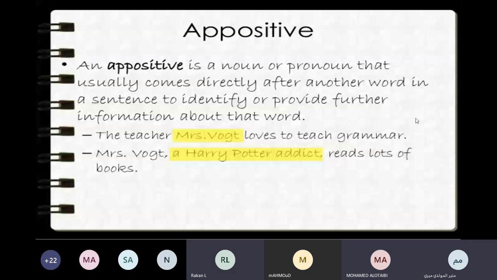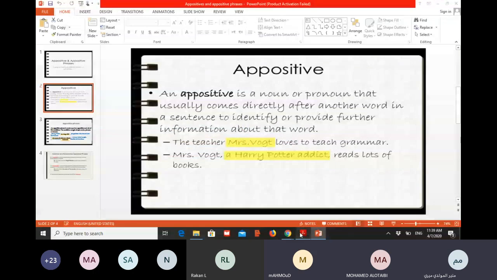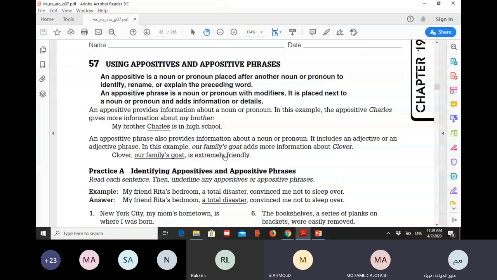The teacher. Excellent, the teacher. The second one, a Harry Potter addict. What does this appositive identify? Miss Vaught. Excellent. So, now back to Abdulmajid Kalantan, you have been reading, so can you please carry on?